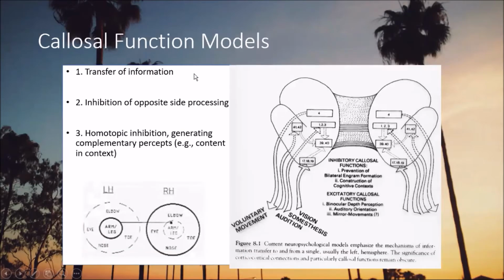Okay, so what is the function of having this other hemisphere? What value is it to have 1,000 functions on one side and 1,000 complementary functions on the other side? The idea is that it's transferring information from one hemisphere to another. We can see that in various tests, and I'm going to show some coming up.